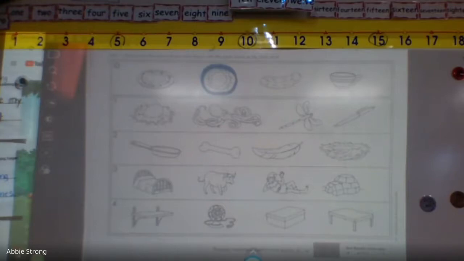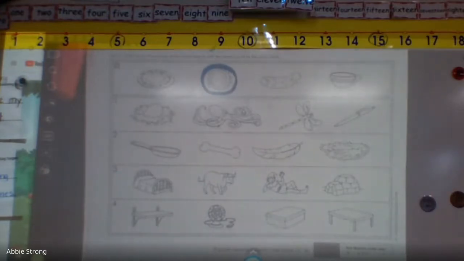Which one starts like foot? And over here, which one starts the same way as fish? Fish. Bone. Which one starts the same way as fish? Bone, feather, nest. Circle one.